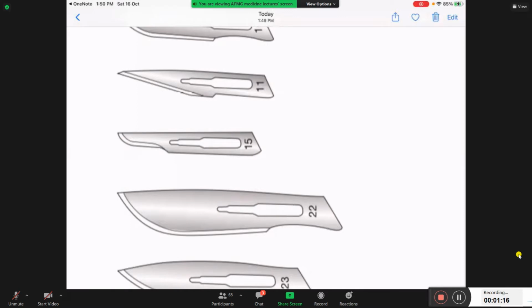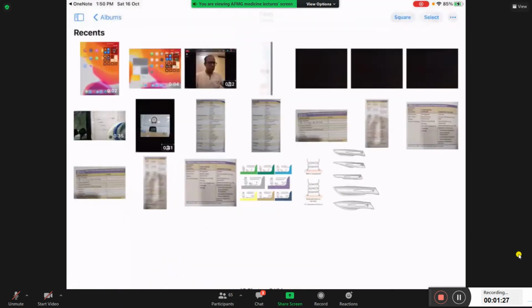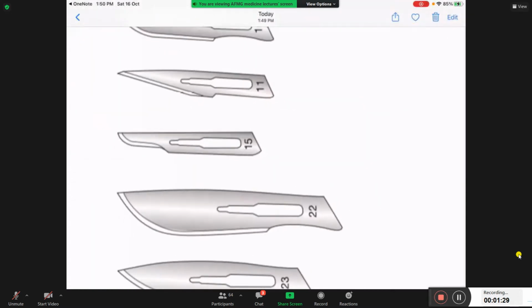For us, the important ones are 11, 15, 22 and 23. Actually, 23 is also not important. Why? Which is important, I'll let you know.